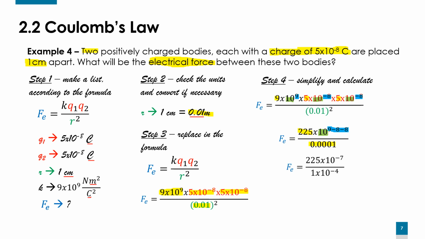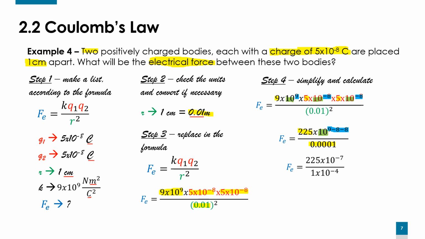I'm going to simplify my exponent here, so I keep 225 times 10 to the power of minus 7. So 9 minus 8 is 1, 1 minus 8 is minus 7. And then below, I'm converting to a power of 10, but if you want to do another way, that's fine. So 0.0001 is equal to 1 times 10 to the power of minus 4.